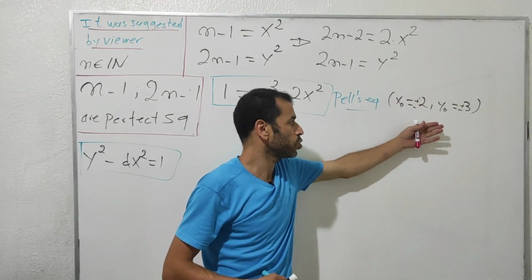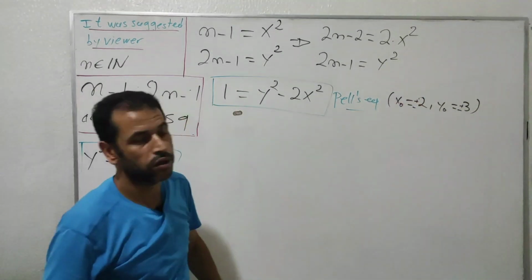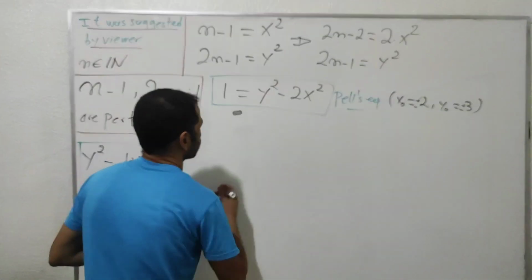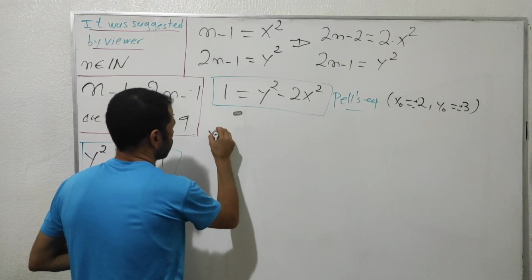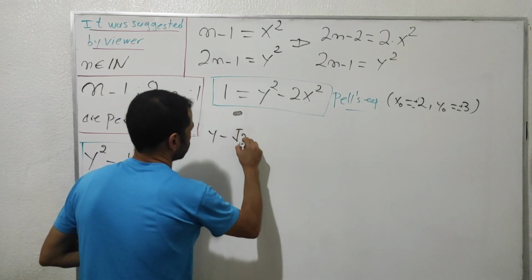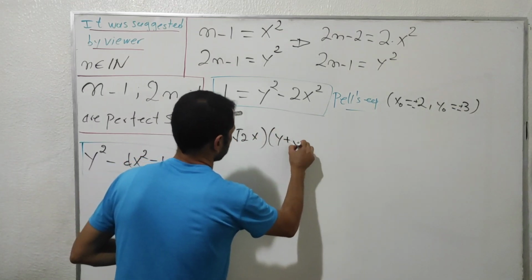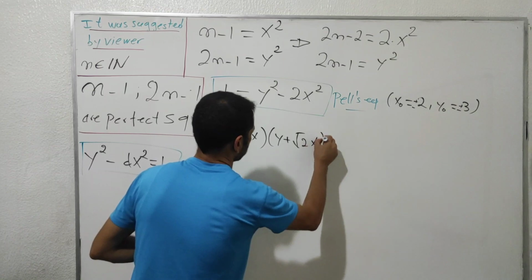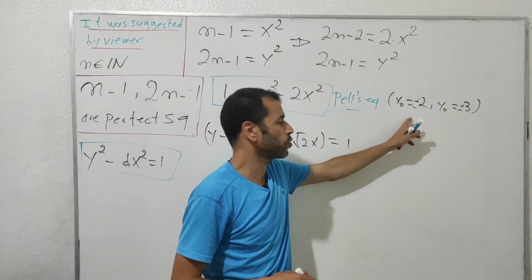So we are going to apply the recursion on this one, then we find other solutions. First of all, by factoring this one, I get y minus square root of 2 x, times y plus square root of 2 x, equals 1. I'm not going to provide the proof for this one.